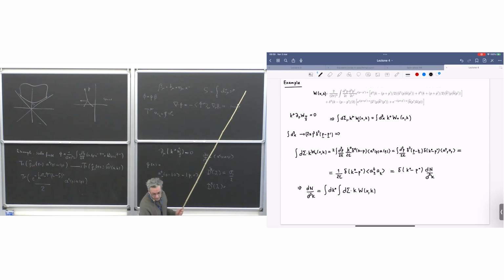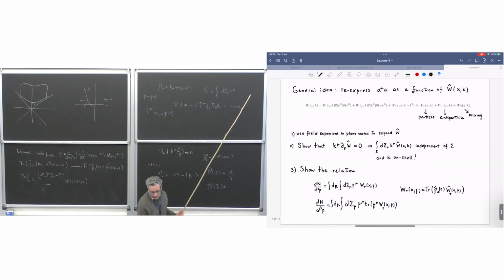Now, once this is done, the third step is to show that dN over d3p can be obtained by integrating over p naught d sigma mu p mu W plus of x, p, in this case because I'm referring to particles, for the spin-0 scalar case, and dN over d3p is the integral over p naught d sigma mu p mu of the trace of gamma mu W plus of x, p, if I'm referring to particles, for the spin-1/2 case.